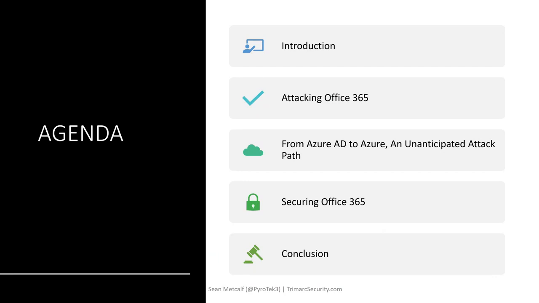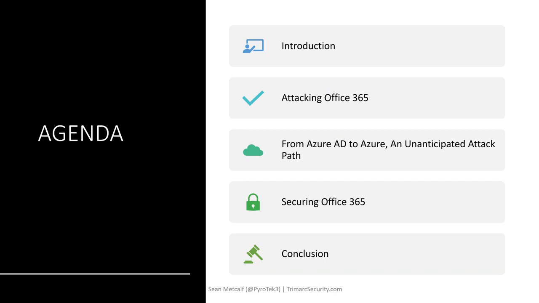I'm going to talk about attacking Office 365 and Azure Active Directory. Basically, what are the ways that attackers are going after this platform? The most common ways, the ways that they actually get access. Then, at the end of that attacking Office 365 section, I'm going to talk about a new attack path that I identified last year. I call this from Azure AD to Azure, an unanticipated attack path.